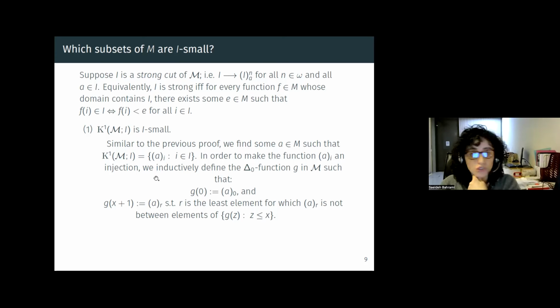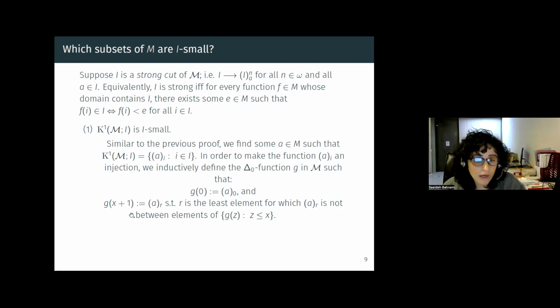For doing such a thing, we define this delta zero function here, G. We enumerate elements of I one by one in a linear order. We take A0 to be the first element. Then we have A1, then we have A2, but in a way that if A1 is equal to A0, we eliminate that, and we put J1 equal to A2.